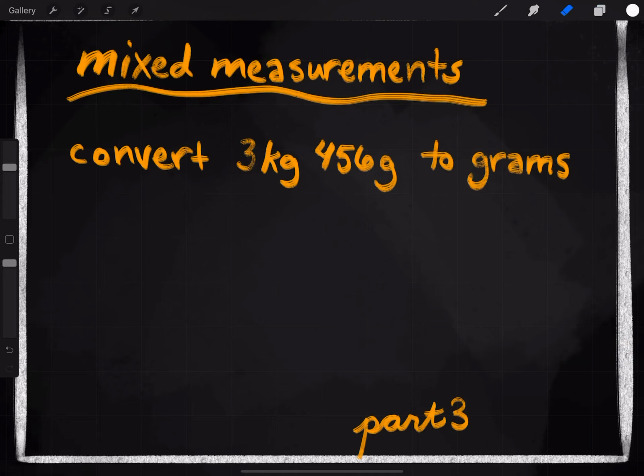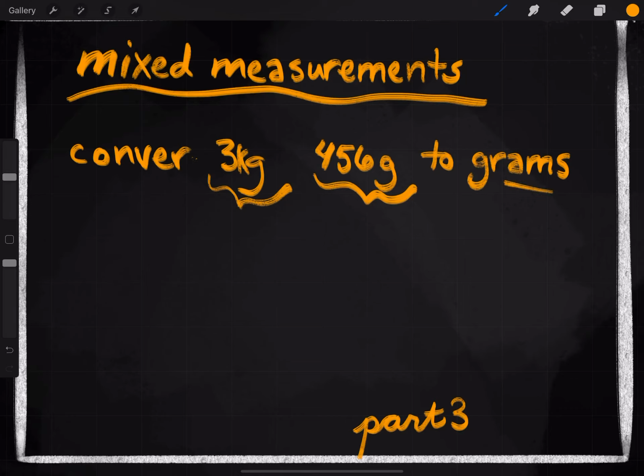So here we have 3 kilograms and 456 grams. I want to change this so that instead of being measured in kilograms and then in grams, it will be all in grams. So if you want to give that a try, you can.